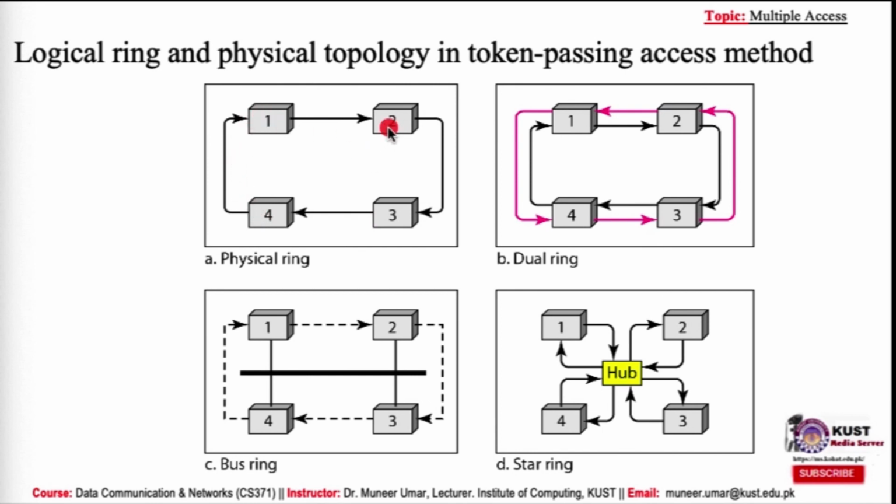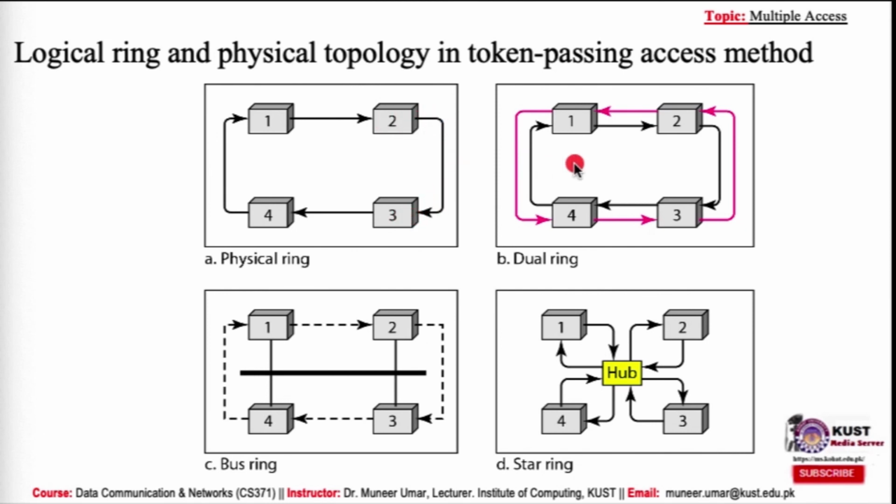If that packet is received by 2, then this 2 would be the current station. It has right to transmit data. Its predecessor would be 1, meaning that control packet is received from 1, and after completing its transmission, this 2 would transfer that control packet to its successor number 3.